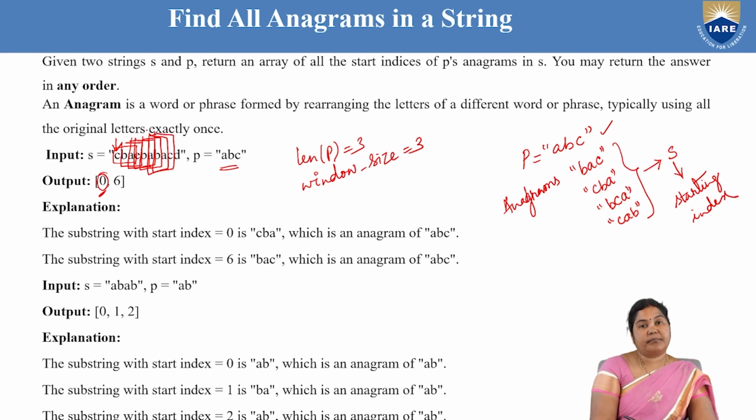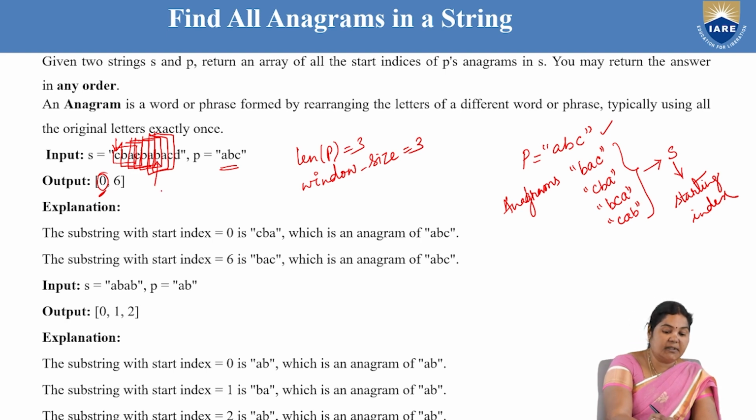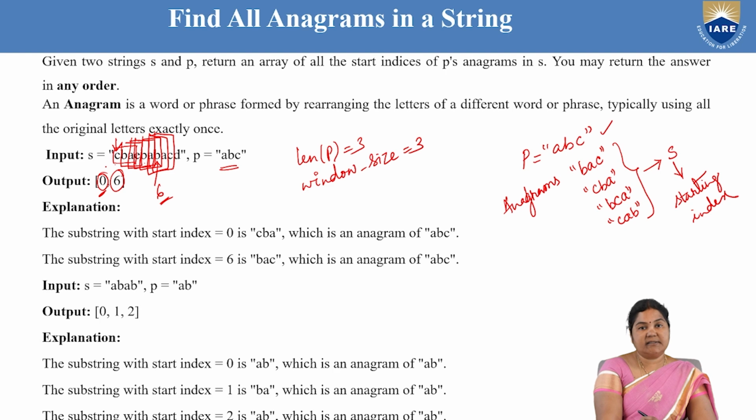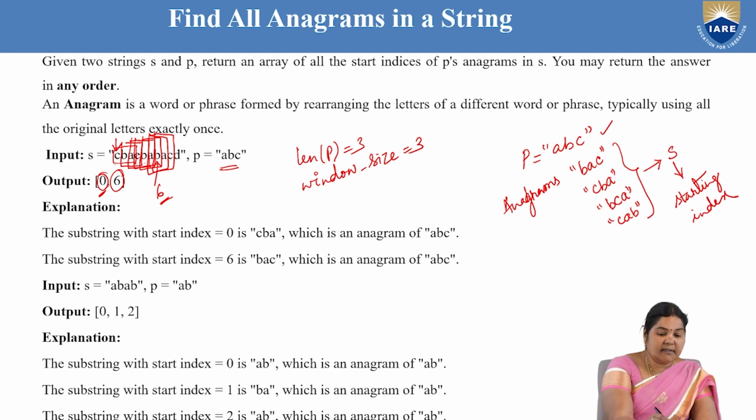It is an anagram. So, BAC is an anagram. So, what is the index of this B? It is at 6th index. 0, 1, 2, 3, 4, 5, 6. So, it is at 6th index. So, BAC is an anagram of ABC. So, its starting index is 6. So, we will store the starting index, or append it to a list. Then, the last one is ACD, which is not an anagram.